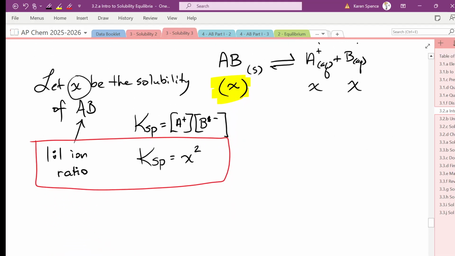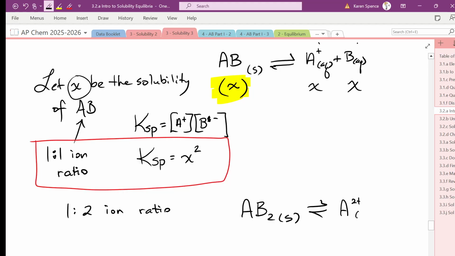What if we had a 1-to-2 ion ratio? What would we get as our products?